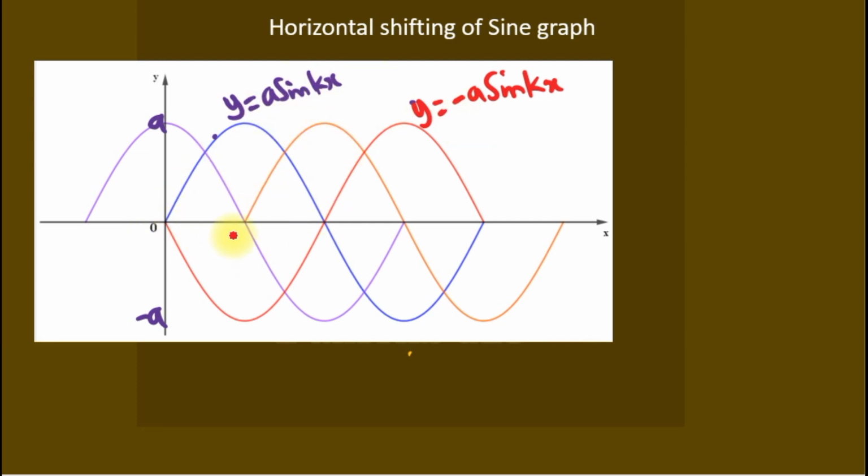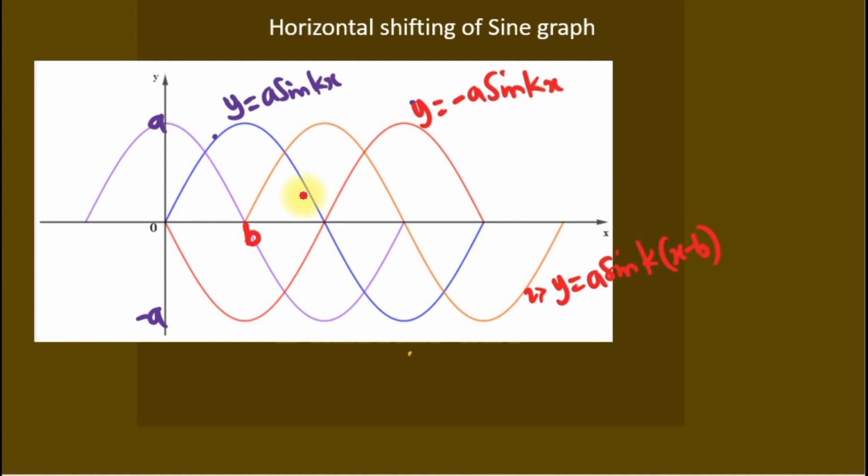So if I decide to shift the blue graph b units to the right, the equation will be y equals a sine k bracket x minus b.